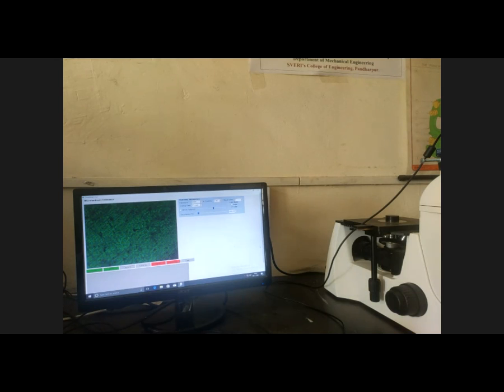Now the last part, HG cast irons. HG is spheroidal graphite. It contains ferrite, pearlite and graphite. It looks like circular structures. Here graphite and pearlite are there.